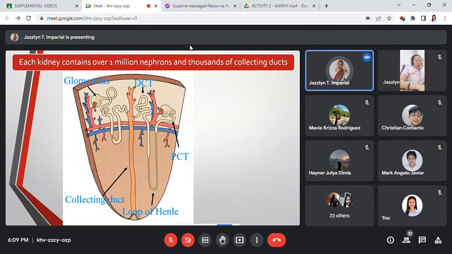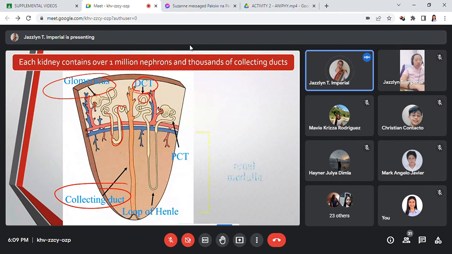So for those who have not seen, again, cross-section, the glomerulus, loop of Henle here, and then the distal convoluted tubule here, and then, of course, going down is your collecting duct. Again, just to show you that each of your kidney actually contains 1 million nephrons and thousands of collecting ducts.